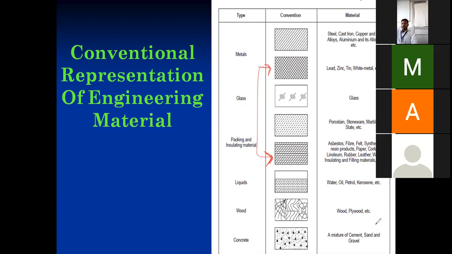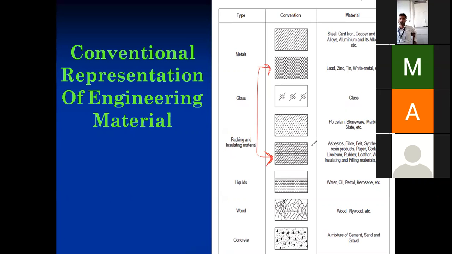In the metals symbol, both lines are inclined, crossing each other. But in packaging and insulating material, the second symbol, one line is horizontal and another one is inclined at 45 degrees. That is the basic symbol difference. Remember, in packaging and insulating material one line is horizontal and the other is inclined.